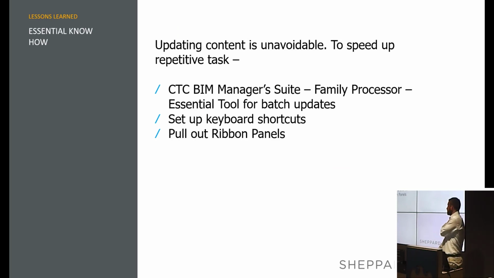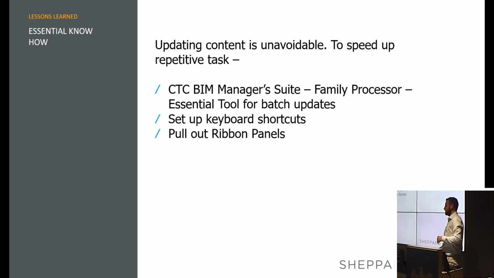Set up keyboard shortcuts might sound like a bit of a no-brainer, but you might have to open every single one of your families to make a change, and you're making the same change because you've already built all the content, which has happened to me several times. So you start off with this ideal seed family, you've only got one, and then you build it from there, and you think that seed family is perfect, and then you build a few more and you think, darn it, I've got to make changes.